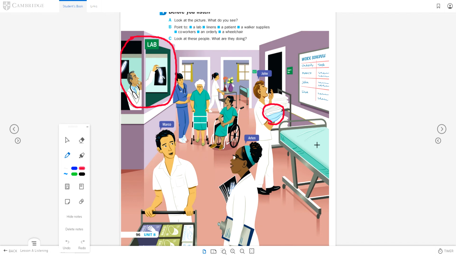How many patients do you see? Yes, we have two patients. We have one patient here, right? And we have another patient here, right? We have two patients.